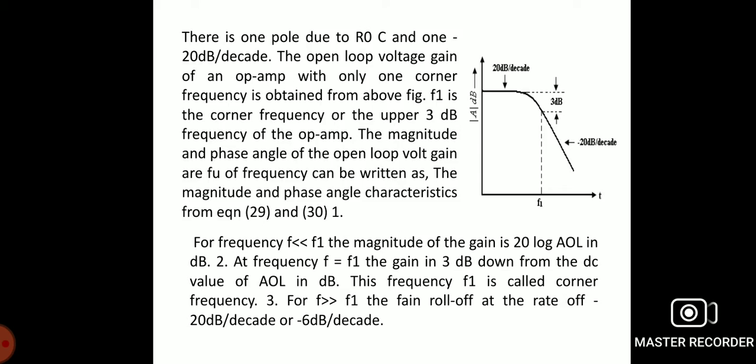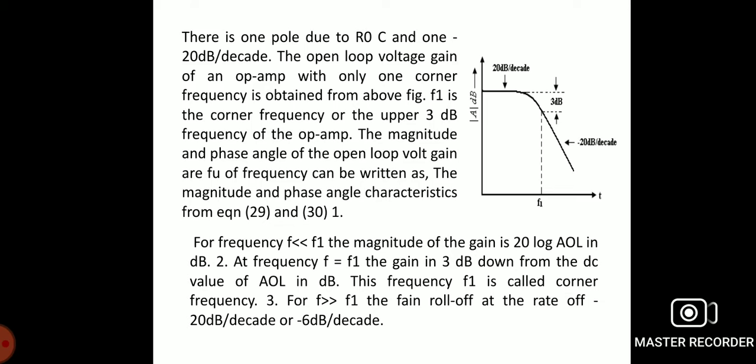Now we can see the curve of frequency versus gain in dB. For frequency f less than f1, the magnitude of the gain is 20 log of the open loop gain in dB. At the frequency f equal to f1, the gain is 3 dB down from the DC value of the open loop gain in dB.